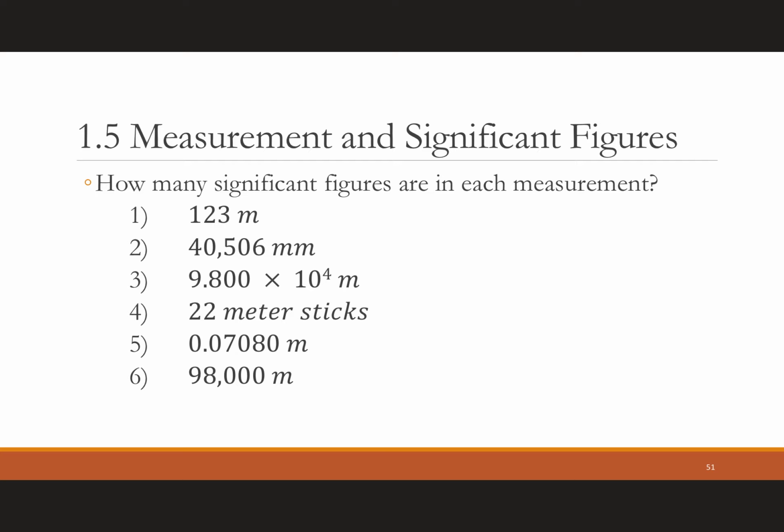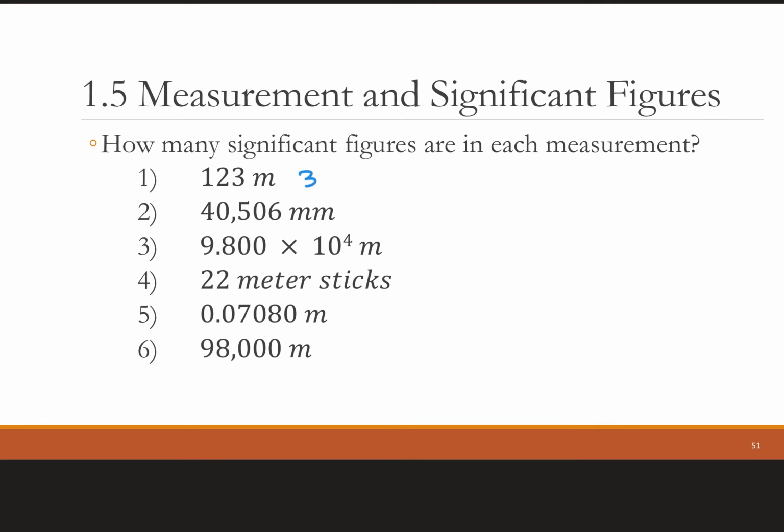The next thing will be just here's some numbers, how many sig figs are in each. The number 123 meters has 3 significant figures. They're all non-zeros. 40,506 millimeters has 5 significant figures. These zeros are in between non-zeros, so they are significant.